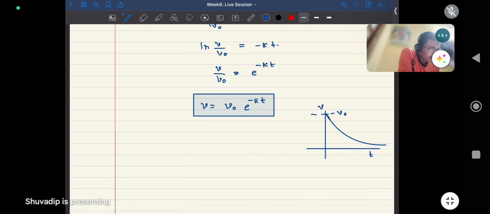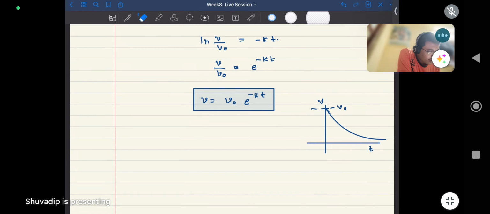It will exponentially decay to a very low value, but actual 0 will happen only at t tending to infinity, when v is 0.